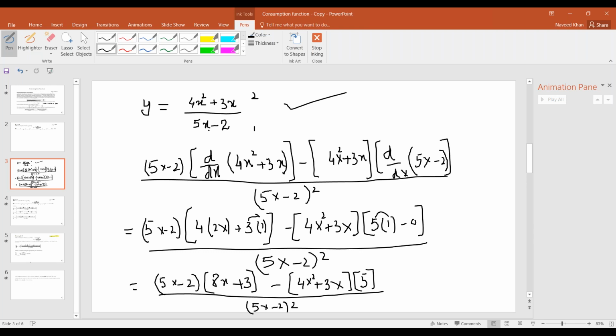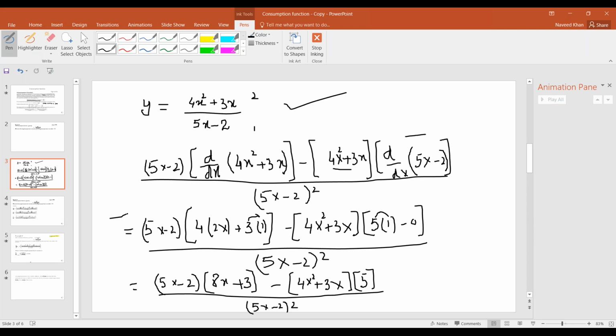So now the down number is considered to be first function, and the numerator is considered to be second function. So first function derivative of the second function minus second function derivative of the first function.